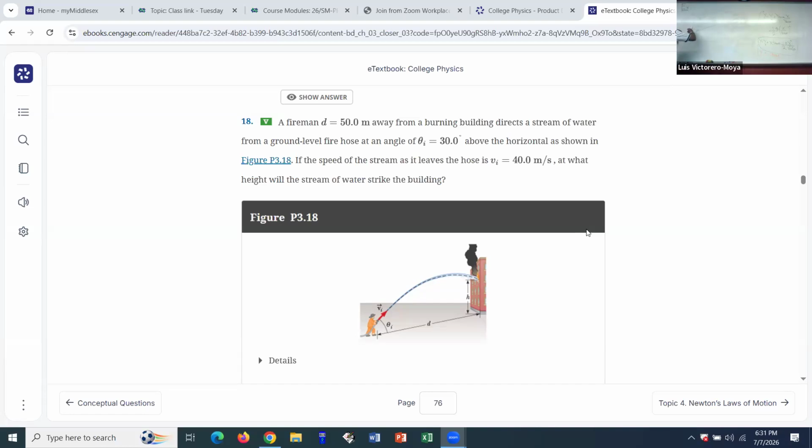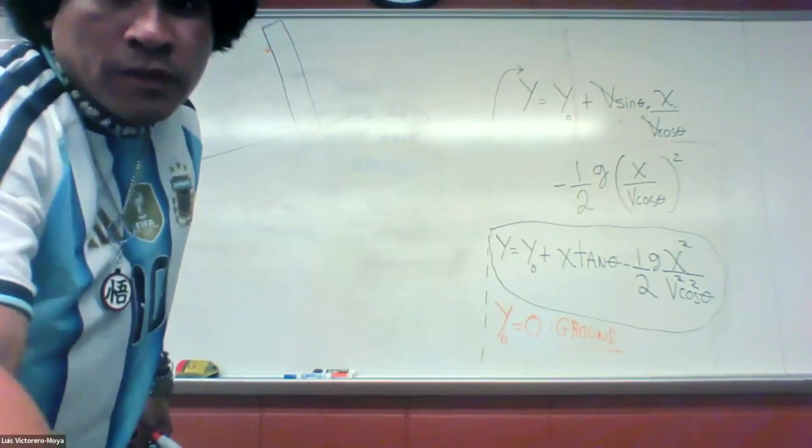That's the angle there. And this is the building. A drawing like that, so you guys can see it better. I think that works. Let's see how it looks from their perspective.